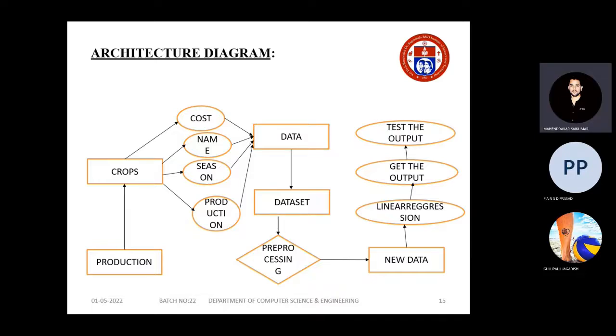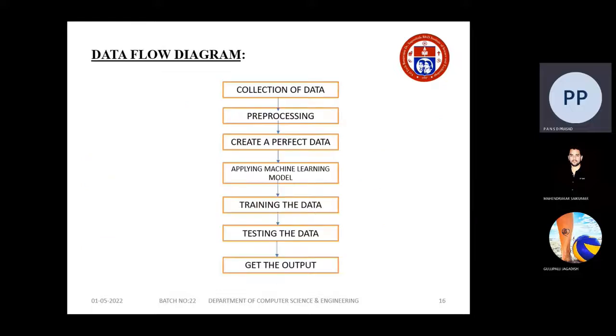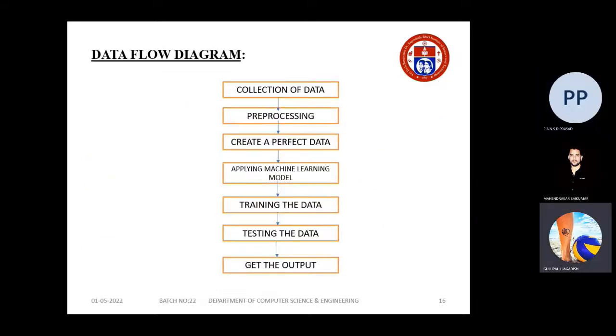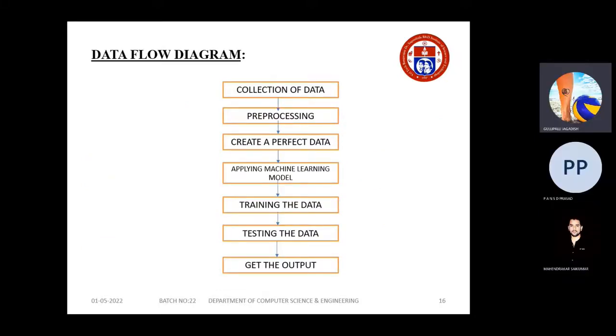The data will be used with some machine learning models like linear regression. We will get the output. After getting the output, we will test that output. In the data flow diagram, first the collection of data will be done, and then the pre-processing.